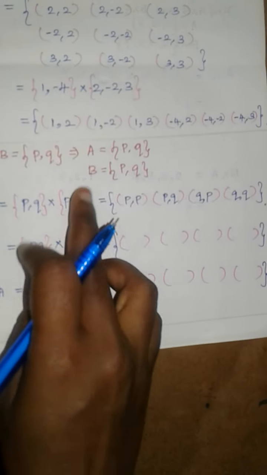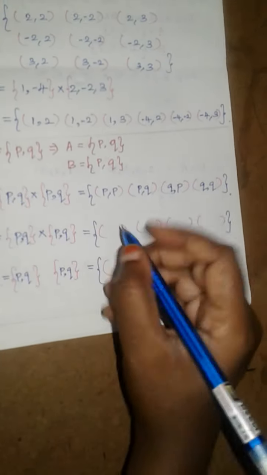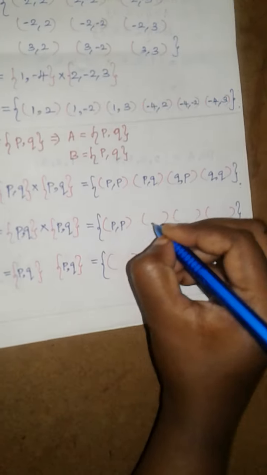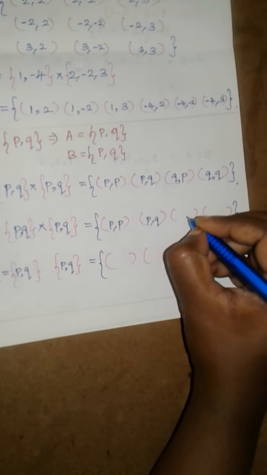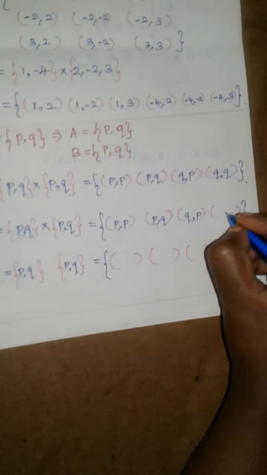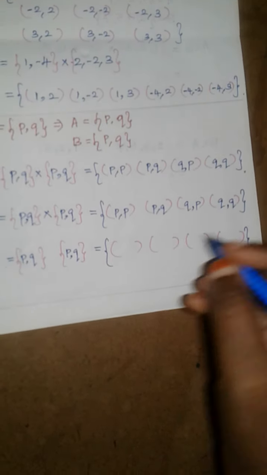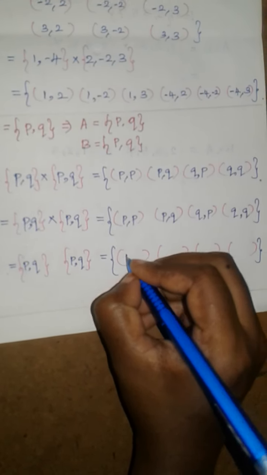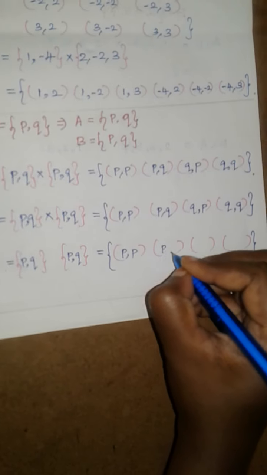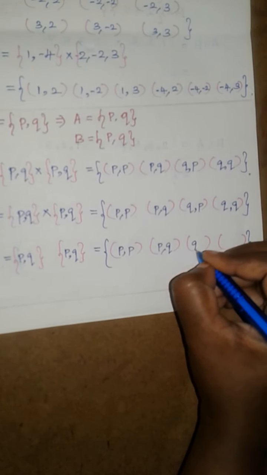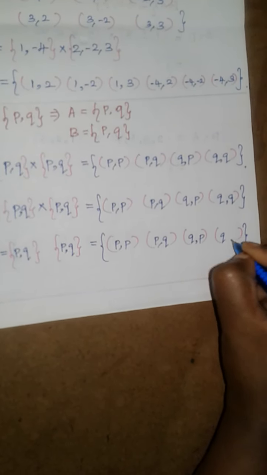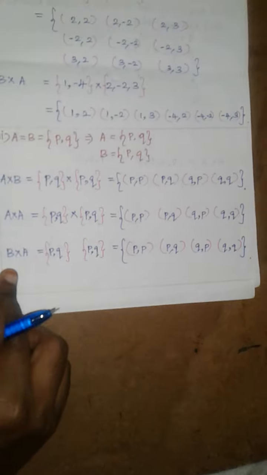Since the elements are the same, here also the same values: (P, P), (P, Q), (Q, P), (Q, Q). And here (P, P), (P, Q), (Q, P) and (Q, Q). These are the Cartesian products of A cross B, A cross A and B cross A.